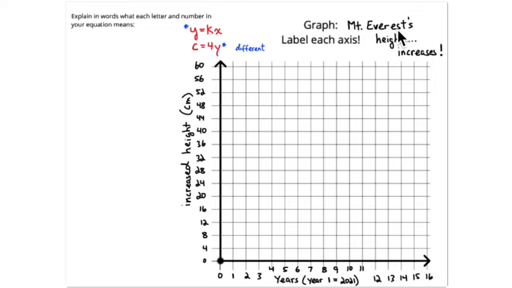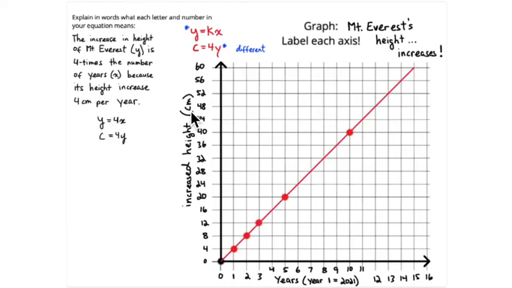And Mount Everest height, it increases. So this is a title. And you want to make sure that you label it years, 1 year is equal to the year 2021. So this year, and in 1 year, it increases in height in centimeters.